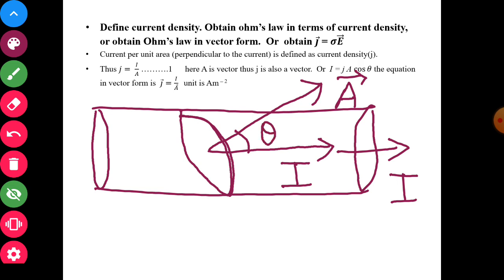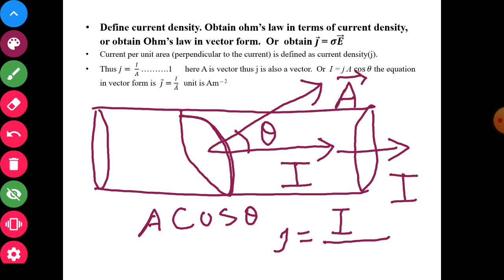Then if you take the component of area in the direction of electric current, that component will be A cos theta. So according to our definition, J is equal to current upon area, but that plane must be perpendicular to the current.